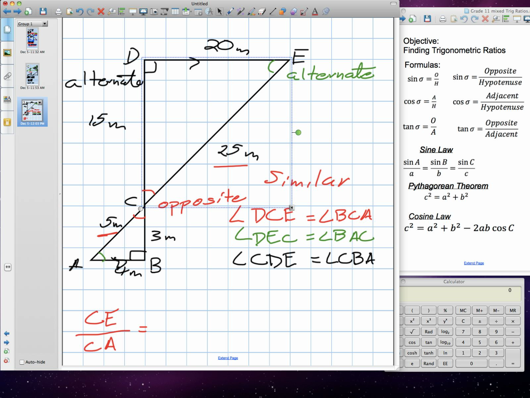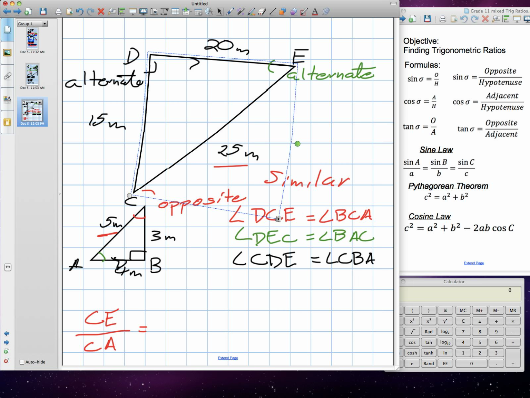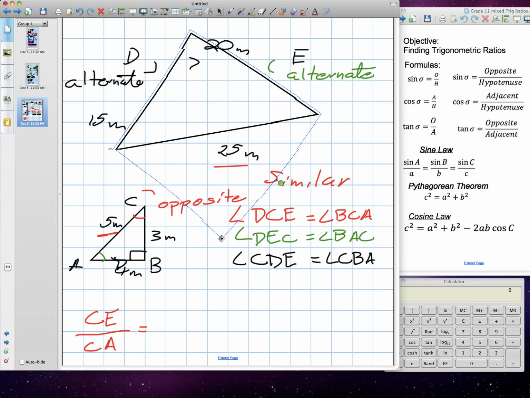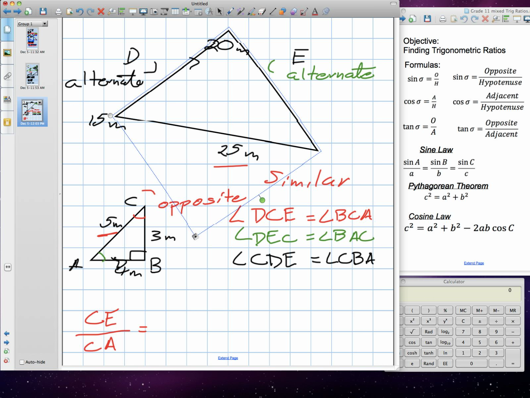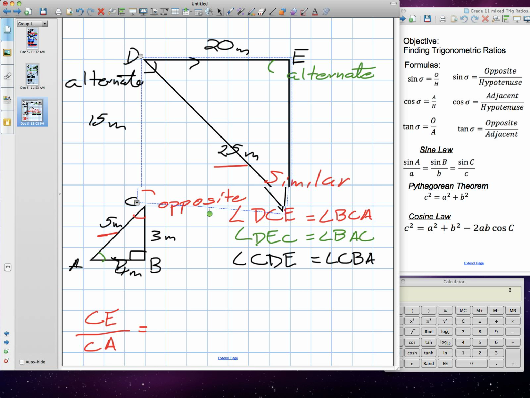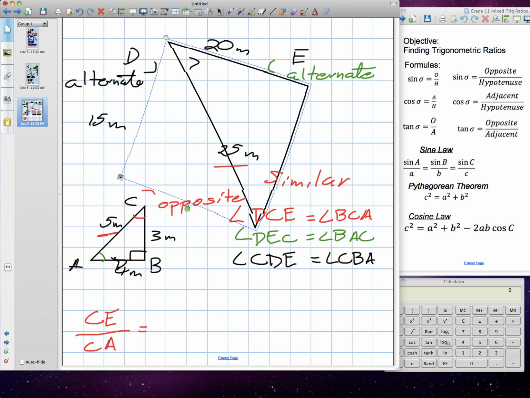Now, I'm just going to show you that quickly. What they're saying here, when we twist the triangle all the way around, yeah, it is going very slow.